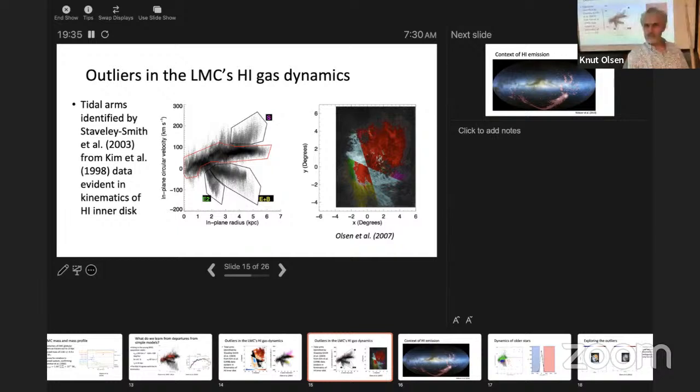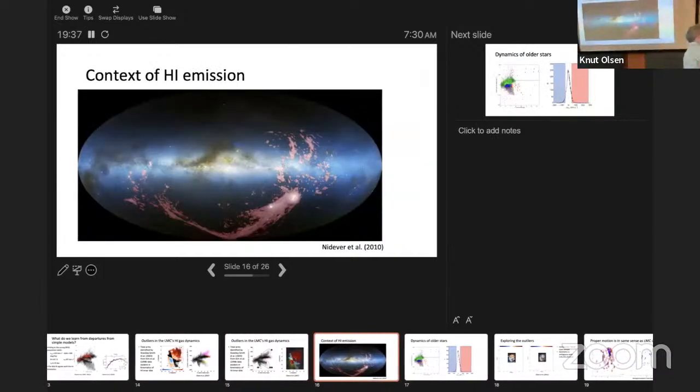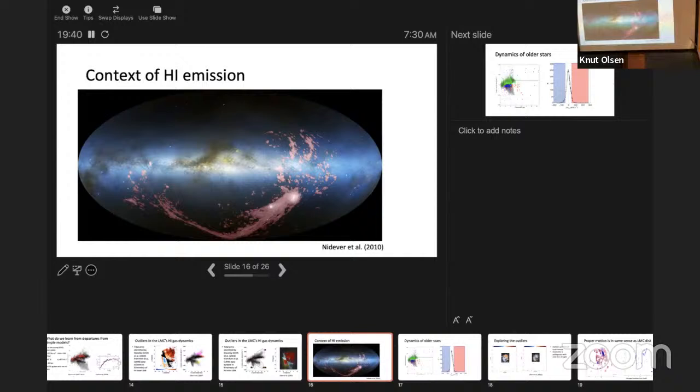If you look at this in the broader context, this is from David Nidever's map of the Magellanic Stream. We're looking at features that emanate from the LMC here in the south and connect to the bridge and the Magellanic Stream, so we think these arms are connected to the interaction between the LMC and the SMC.